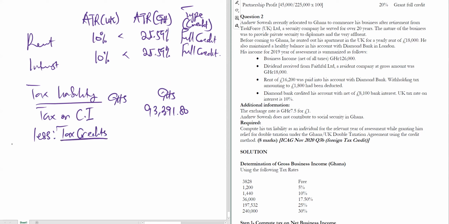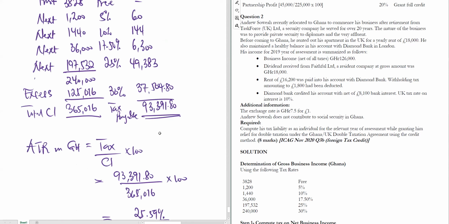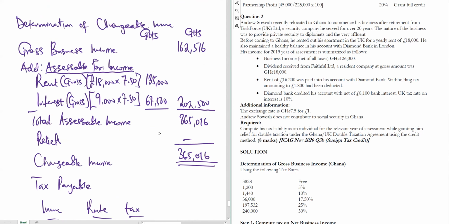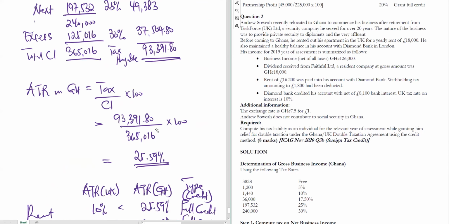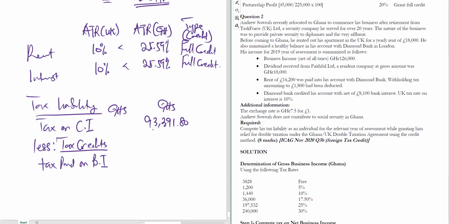His business income was net of tax. So we say what? Tax paid on business income, right? The tax paid on income can be claimed as a credit. And how much tax was paid on business income? We computed it as 36,516. So we can claim the 36,516.